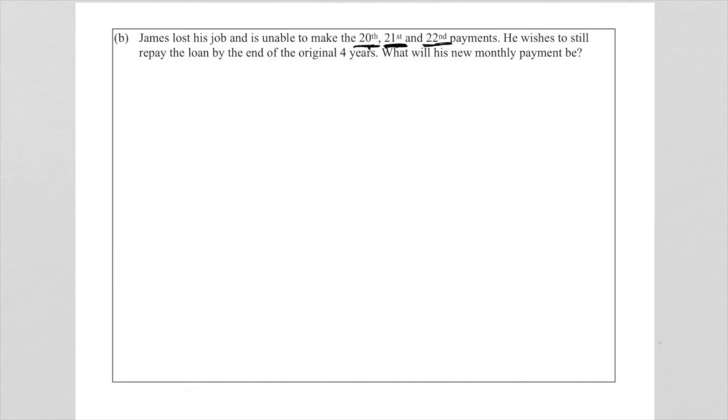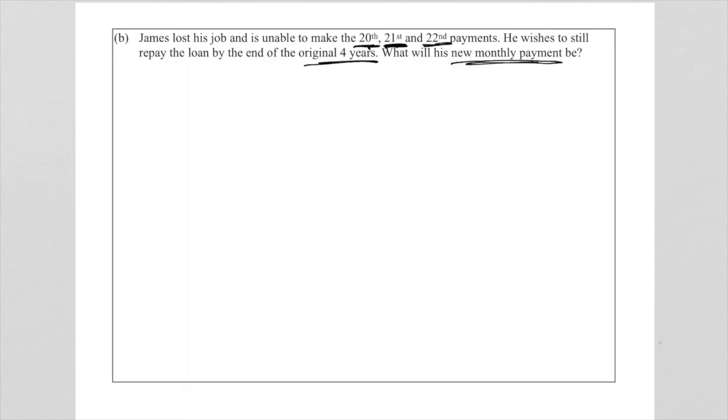Remember, we are busy with deviations from the normal pattern, and this one we discuss now is called mispayments. So he's going to miss 3 payments. He wishes to still repay the loan by the end of the original 4 years. What is the new monthly payment now?